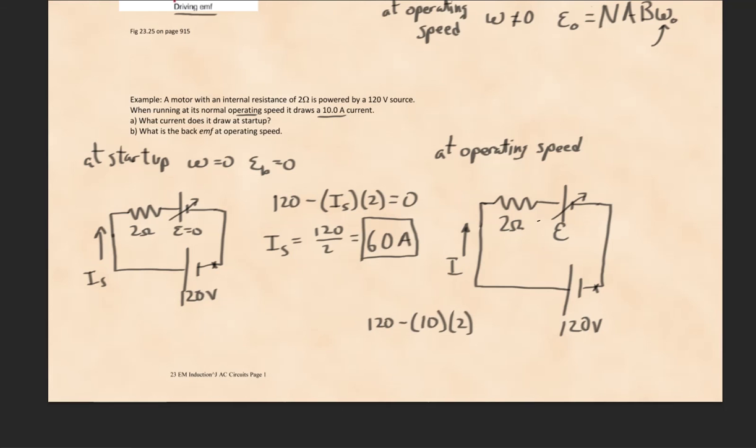R is 2 ohms. And now I have a back EMF, and that's what I'm looking for. I'm going from the positive side to the negative side, so I'm stepping down, so that's minus whatever that EMF is, and then I'm back to my starting point, so that adds up to 0. So then the EMF is just 120 volts minus 20 volts, which is 100 volt back EMF.